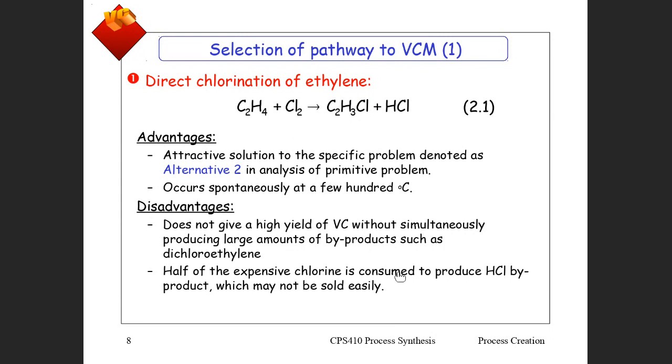Half of the expense of chlorine is consumed to produce hydrogen chloride byproduct, which may not be sold easily. So it's not that many places that will value hydrogen chloride. And if you actually need to get rid of it, it's not an environmentally friendly thing to get rid of. Let's move on.